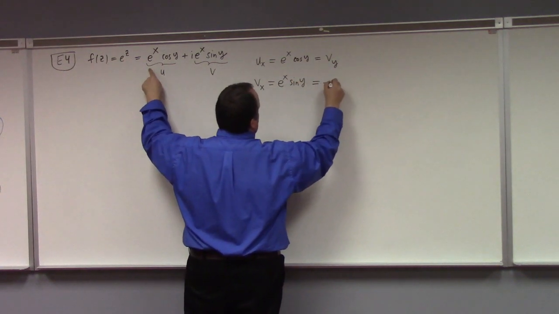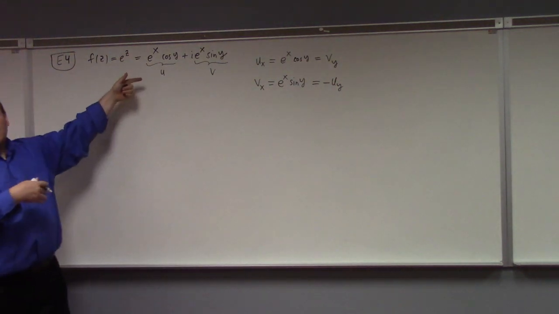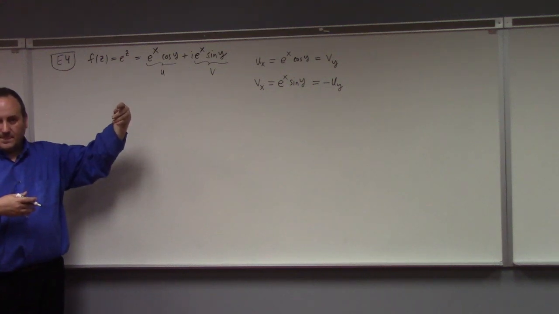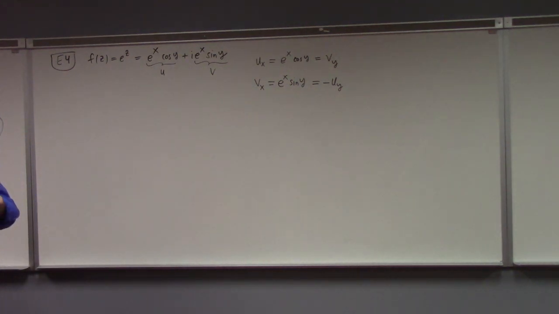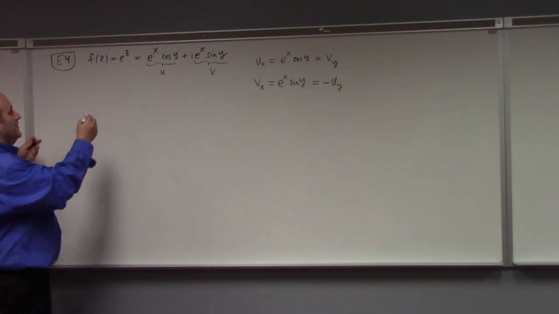And that's equal to minus u_y, because when we take the y derivative, we get the minus sign, because the derivative of cosine is negative sine. Okay, so what does this prove? It is complex differentiable everywhere. Exactly. This proves that the exponential is everywhere complex differentiable.